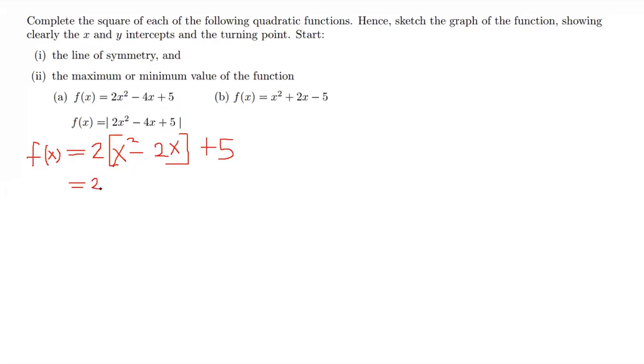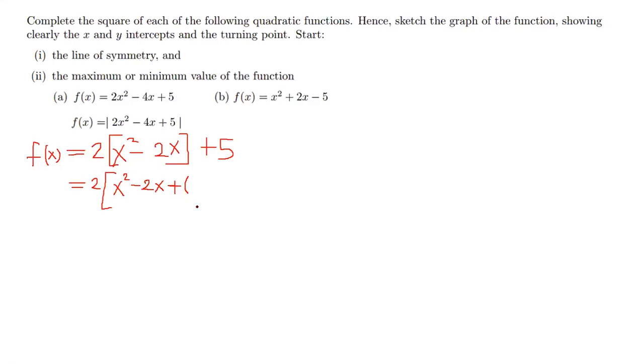So I'm going to write my 2 there, and I'll maintain the square brackets. And then I'm going to write my x squared there, and then I'll write my negative 2x there, and then I'll write minus, I'll write plus, and then I'll open the brackets.